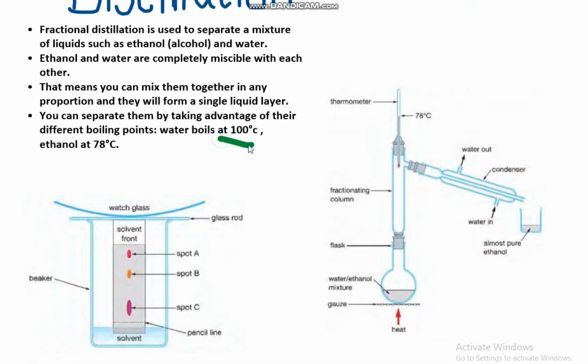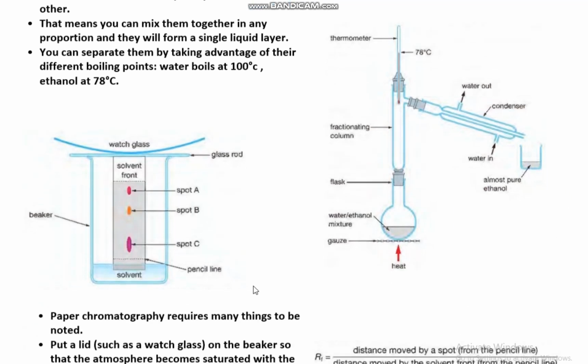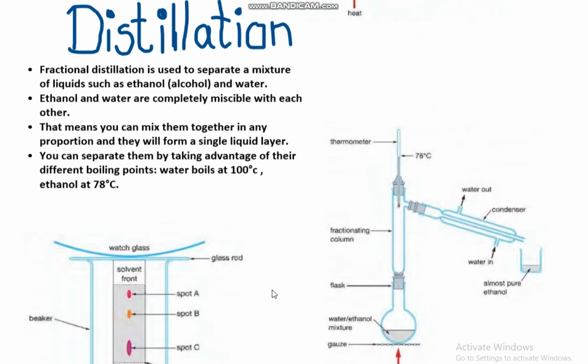So 100 Celsius is water's and 78 Celsius is ethanol's. When we boil them and reach 78 Celsius here, the ethanol would go through the fractionating column and through the condenser and would be found as almost pure alcohol, like 96-99%, give or take. And we'll have water separated here, and ethanol separated here. So this is known as fractional distillation.